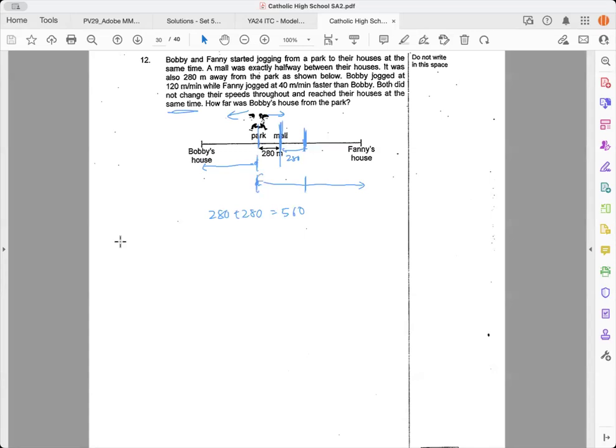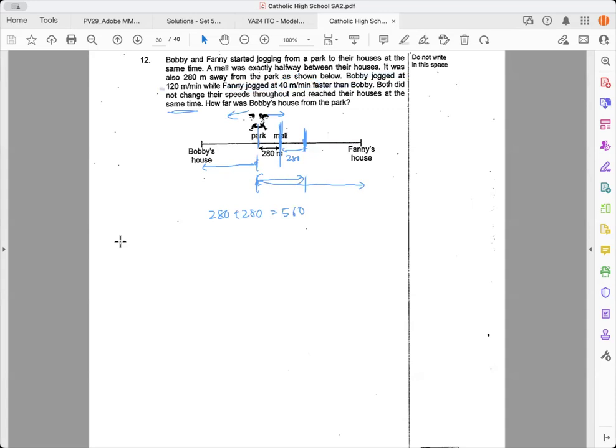Okay, this is extra distance compared to Bobby. So 560 meters more. Now, from this statement, Fanny jogged 40 meters per minute faster than Bobby.